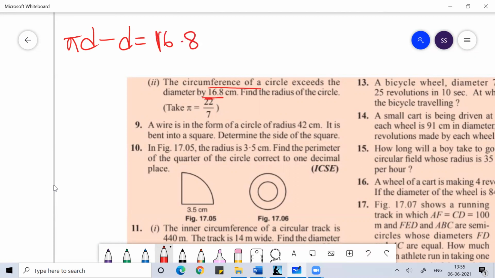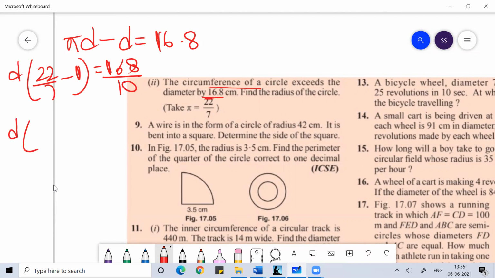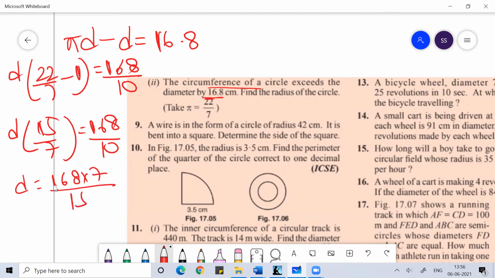So you take d common. d into pi minus 1, 22 by 7 minus 1. 22 minus 7 is how much? 15, right? 15 by 7. So 168 by 10. Okay, so the d value is 168 into 7 by 150.